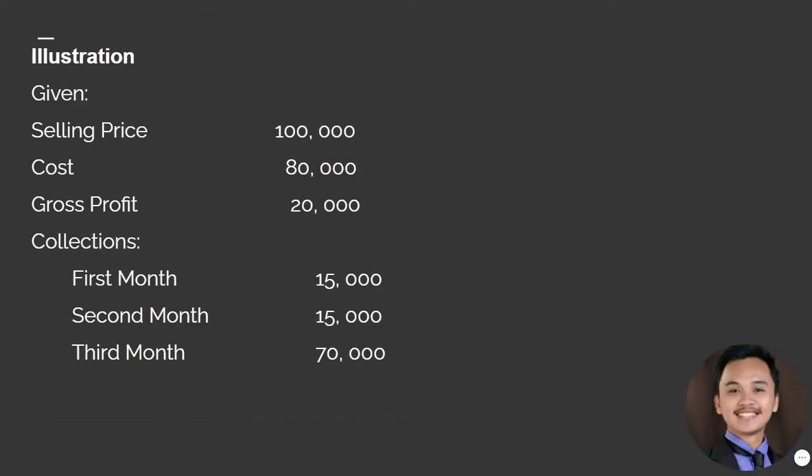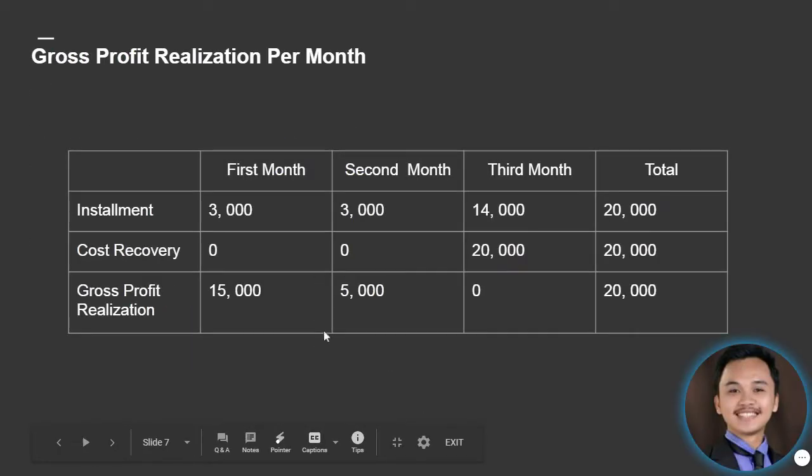Let us compare the timing of when these methods will recognize the total gross profit of 20,000. So let us say we have the first month. Under installment method, on the first month, we collected 15,000, and 3,000 from that will be recorded as gross profit.